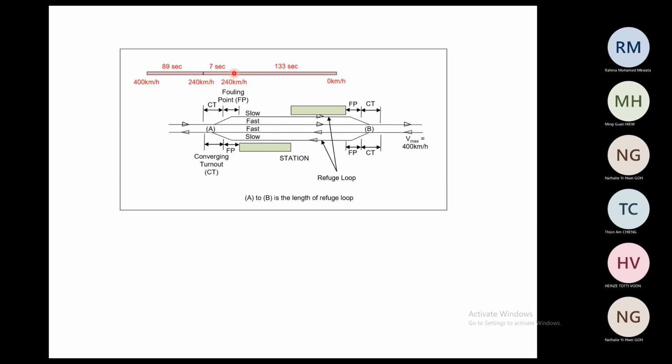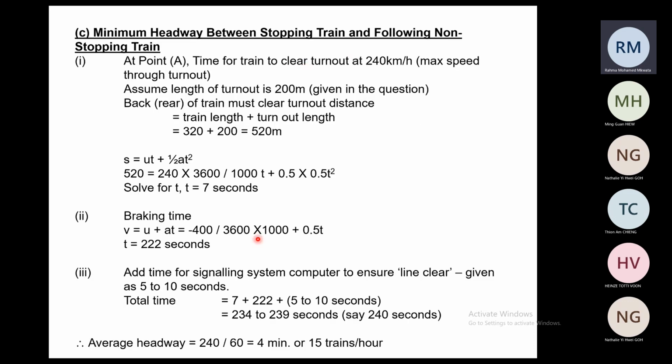Then the time to clear the turnout, you get 7 seconds. And the time to move back to the main line, or to get to a complete stop, you'll get 133 seconds. So when you add all this up and you add the 5 to 10 seconds computer time, then you'll get the same answer, 240.